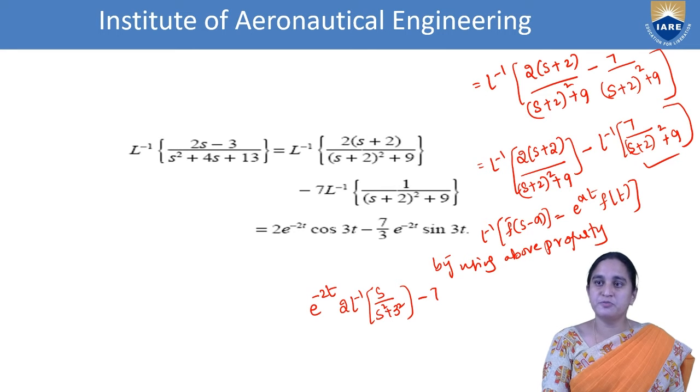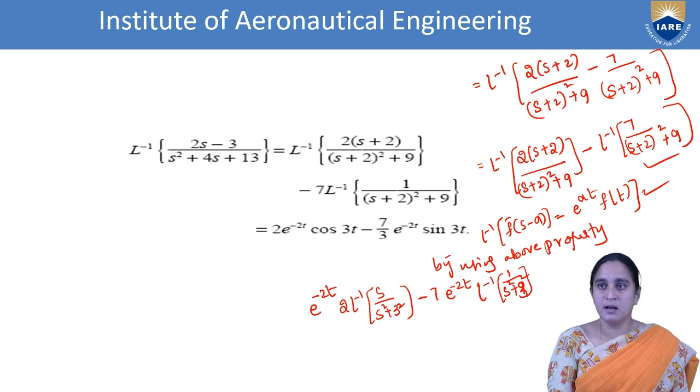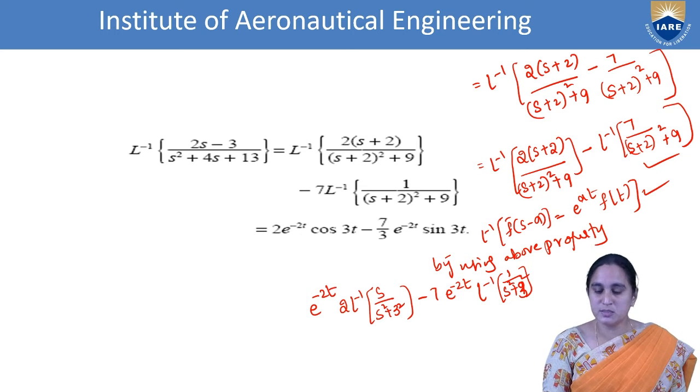By using the first shifting property, it will convert to e power minus 2t into Laplace inverse of 1 by (s square plus 9), and 9 I'll simply write as 3 square. Once you observe, after applying the first shifting theorem, it converts to e power minus 2t into 2 into Laplace inverse of s by (s square plus 3 square) minus 7 into e power minus 2t into Laplace inverse of 1 by (s square plus 3 square).